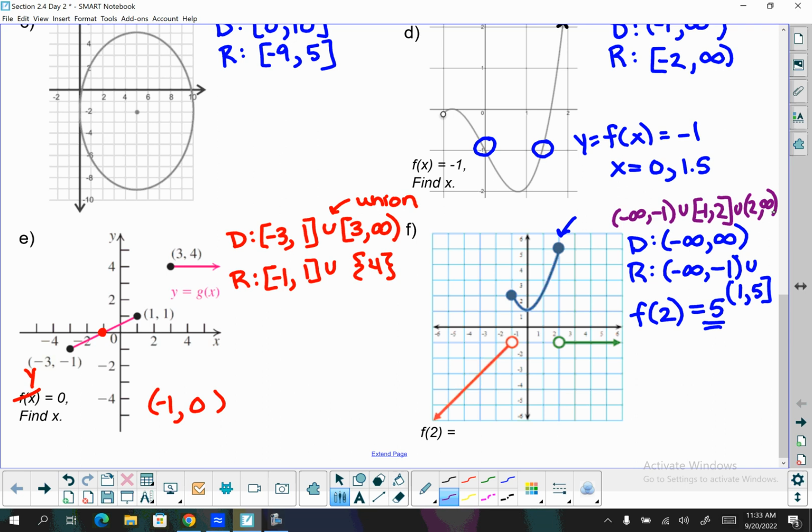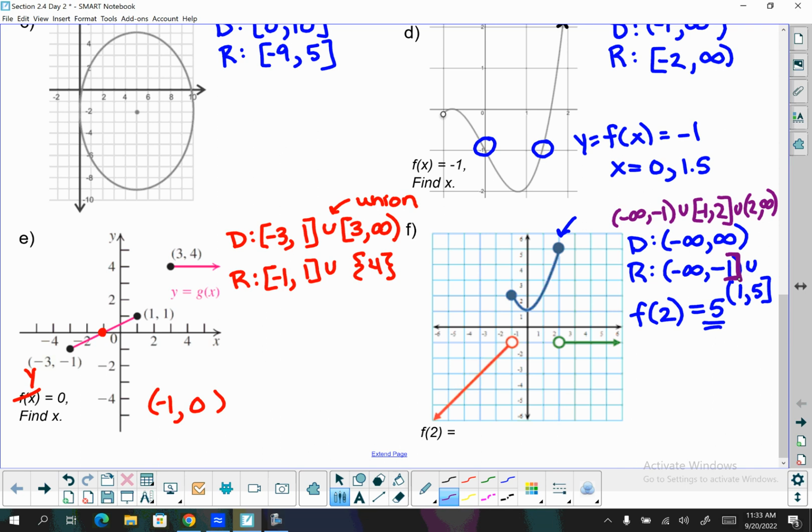I don't even actually have to worry about this guy at all, because this guy is including that -1 already in it, okay? Oh wait, but that should be a bracket on that one. Is that what you were asking me? It should be a bracket though, because even though there's an open circle there, -1 is defined, because I do have values on this line, and then it jumps from 1 to 5.